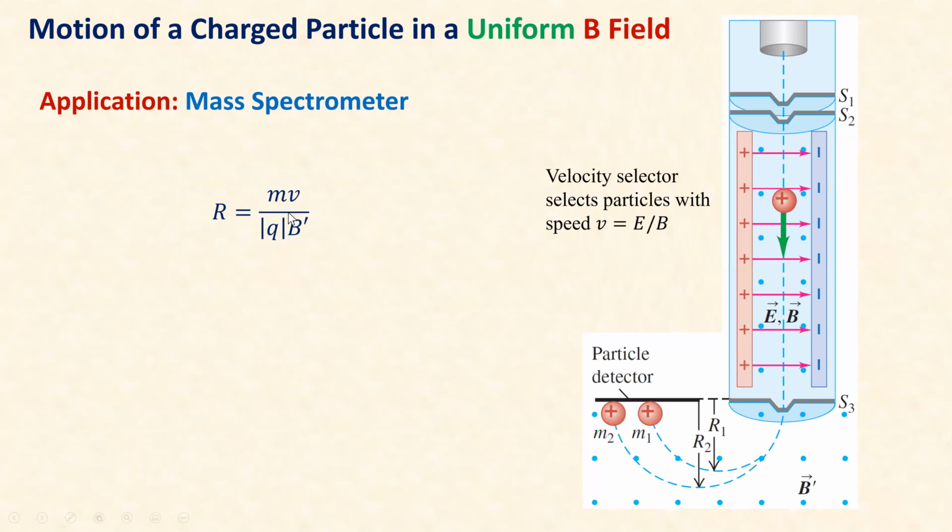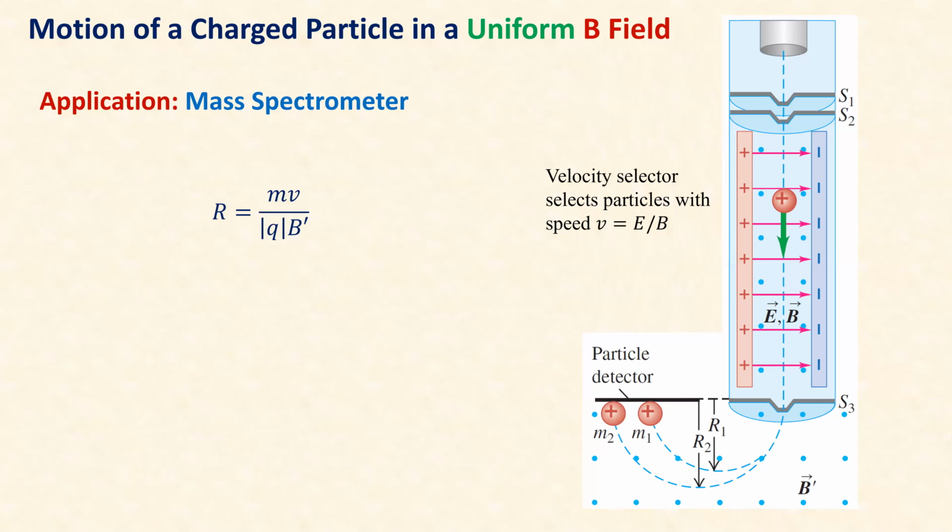So all of these are equal for all of them, but the particle that has a larger mass goes around a circle with the largest radius, and therefore they hit this detector. This is a particle detector. They hit these particles at different positions because of the different radii of orbit they have.